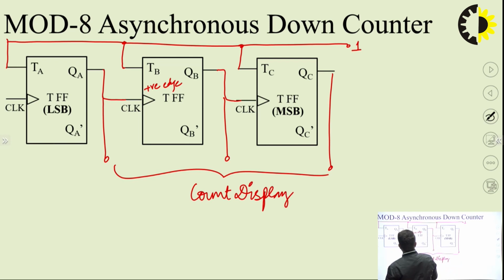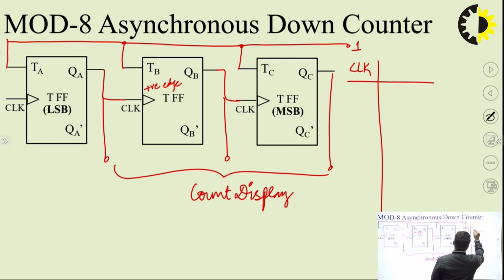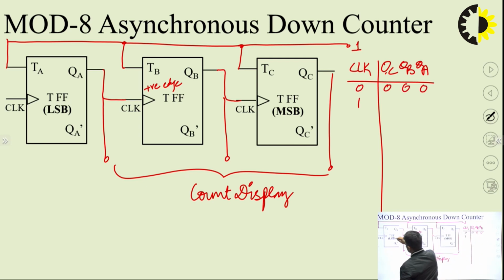Okay, so this is the count display. So all connections are complete, and you just need to check how it is functioning. So QC, QB and QA, initially when everything is 0 and you start applying the pulses, so this pulse is applied here.